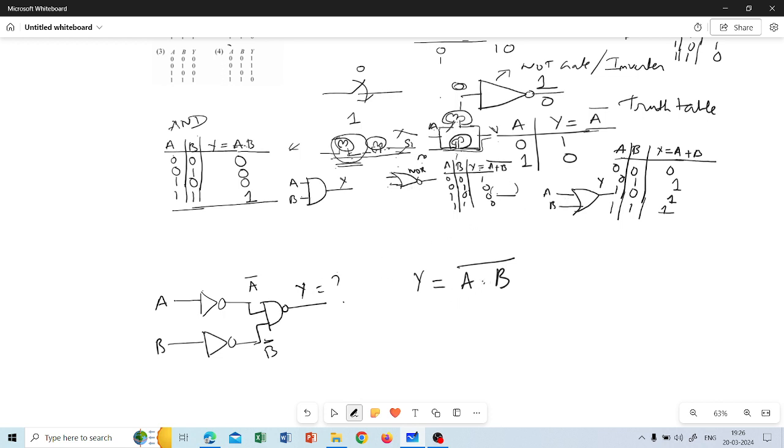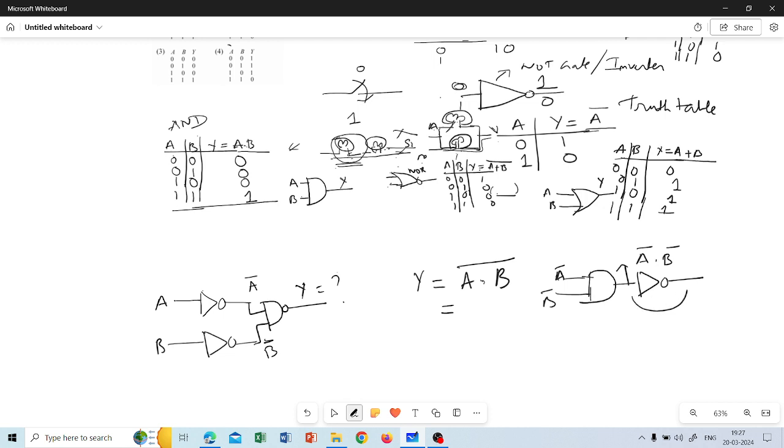So instead of A, you can think of a NAND gate like an AND gate followed by an inverter, for simplicity. Then what will happen? This input is A bar and this input is B bar. So this output will be A bar dot B bar, right?